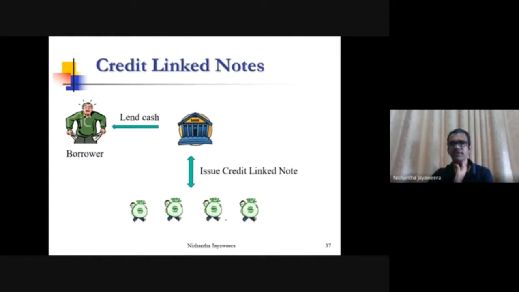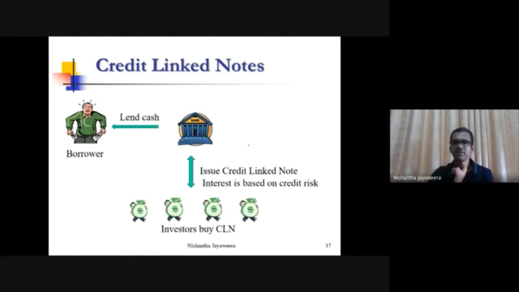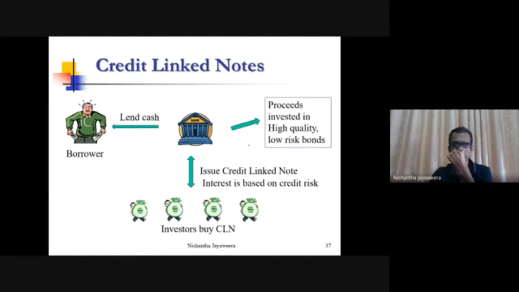So the investors will buy those credit linked notes, paying that amount to the bank. Then the bank will invest those proceeds in high quality, low risk bonds. That's the basic structure.